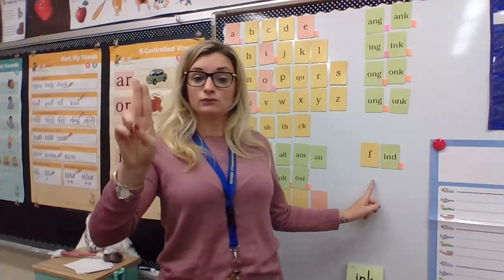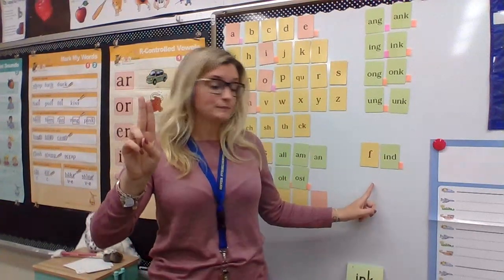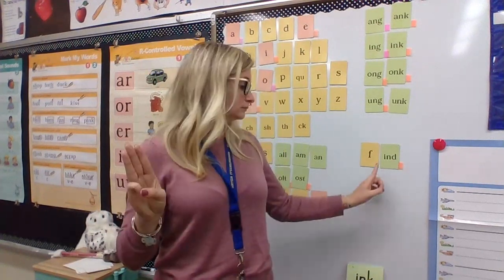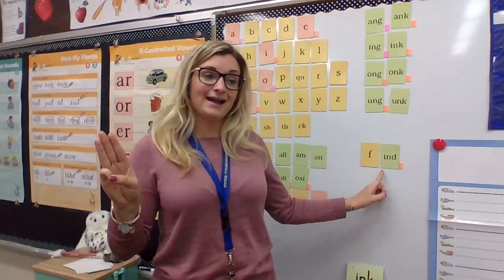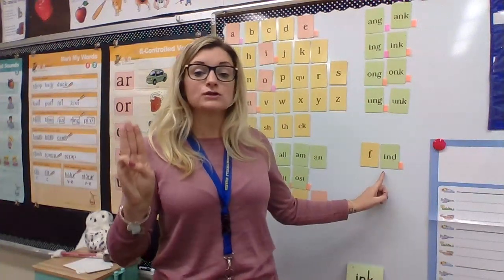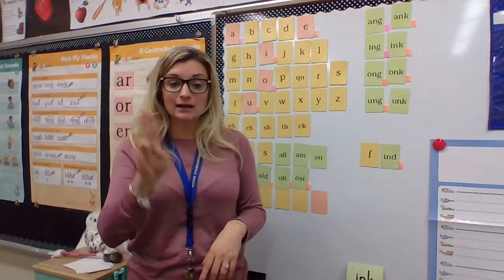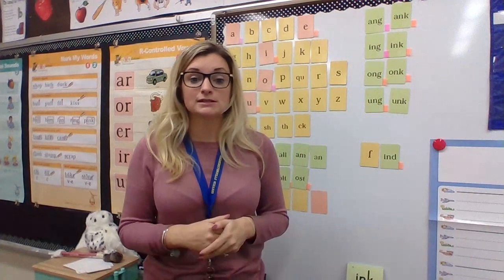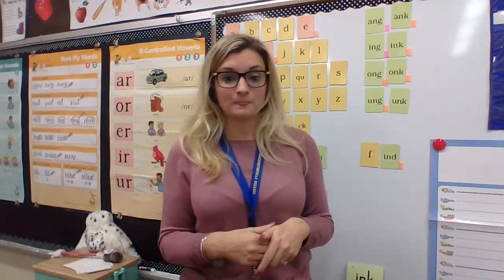Yep. Rule number 2, is it followed by a consonant? Yep. Rule number 3, does it have a short vowel? Eind. Nope. It makes that long vowel sound, which means it is not a closed syllable. It does not follow all 3 of those rules, so it's a closed syllable exception.